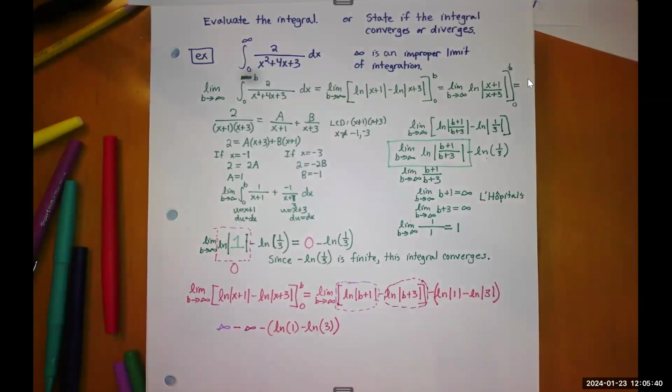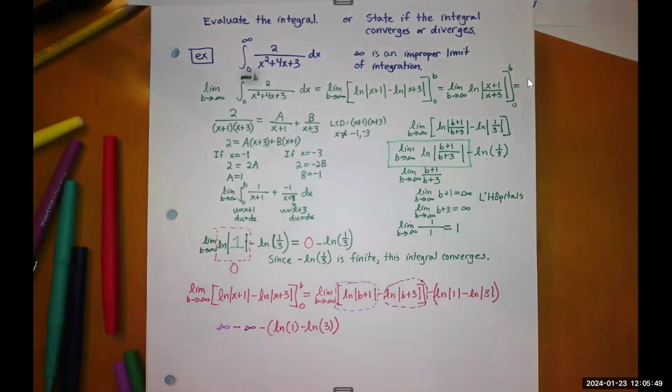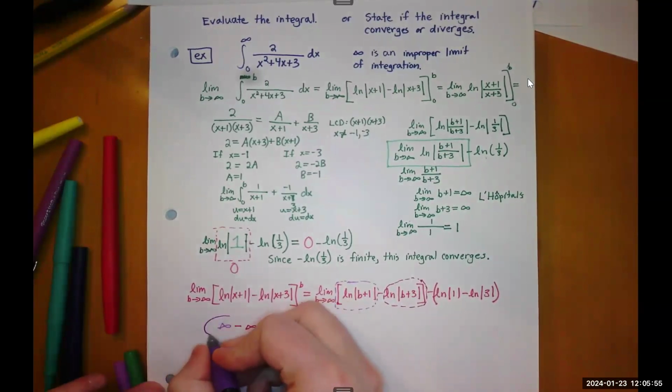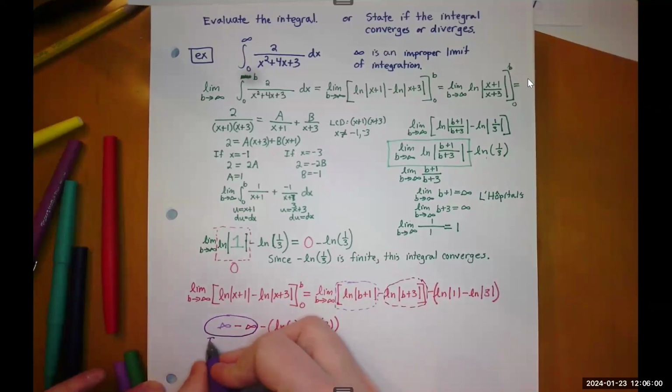Now, we could do that here in a pretty straightforward fashion, but doing that is actually equivalent to applying L'Hopital's rule on the unsimplified form. So generally, we don't want to do something like this because this is technically an indeterminate form.